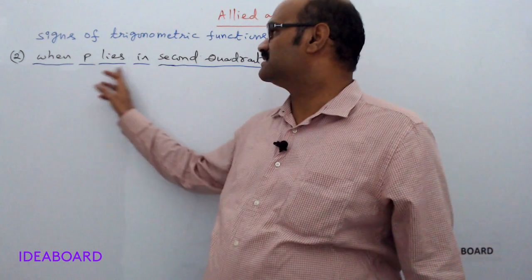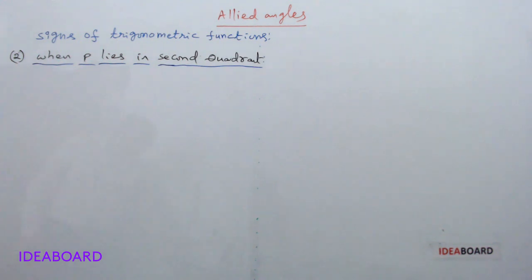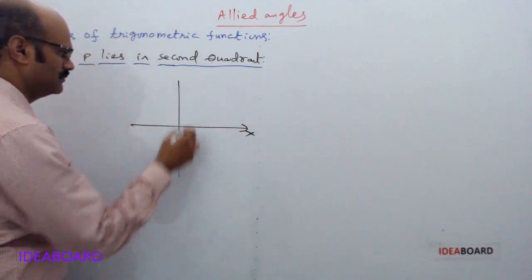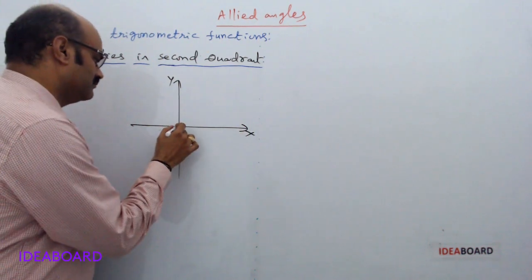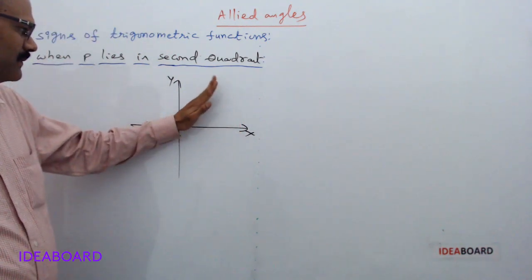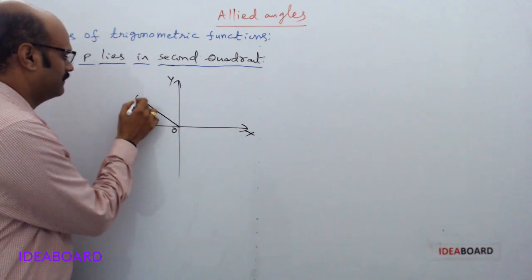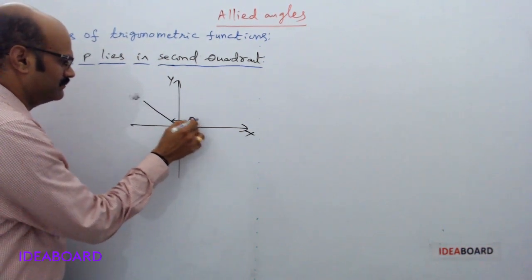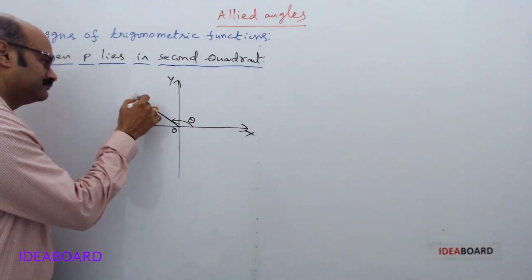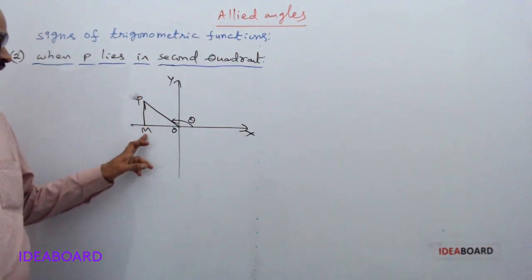Now, when P lies in the second quadrant, let the revolving line start from the positive direction of the x-axis and rotate an angle theta, moving to the position P. Draw PM perpendicular to the x-axis.